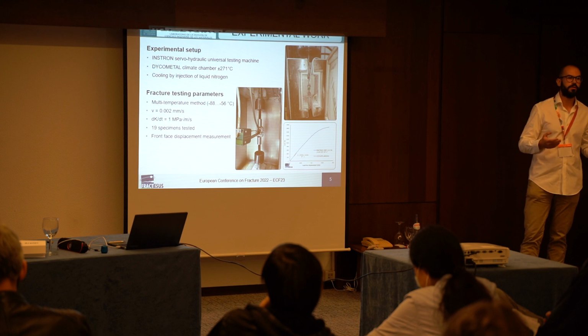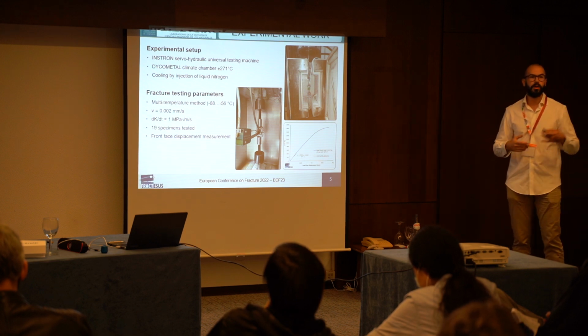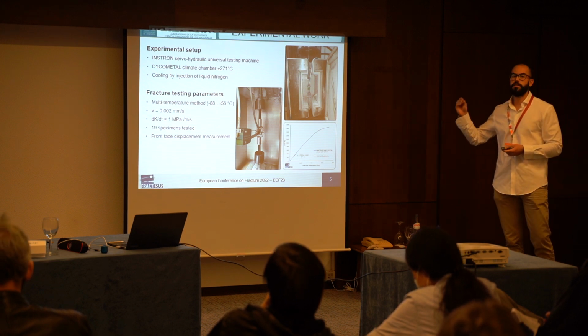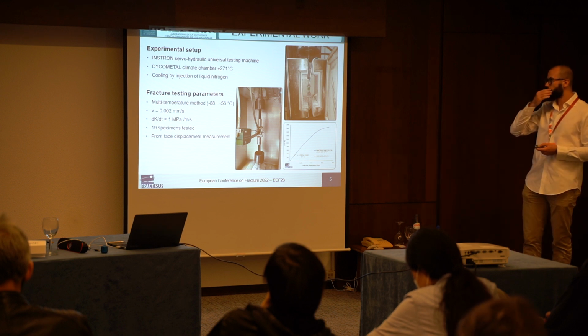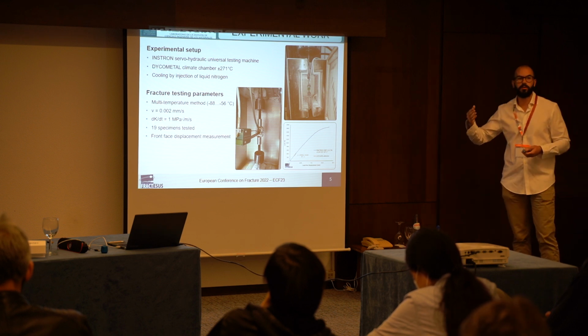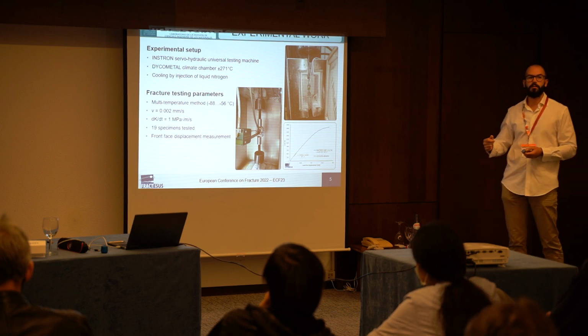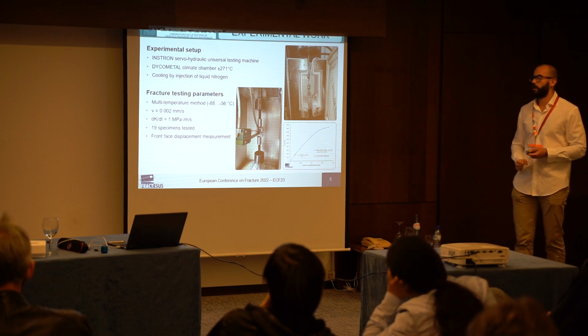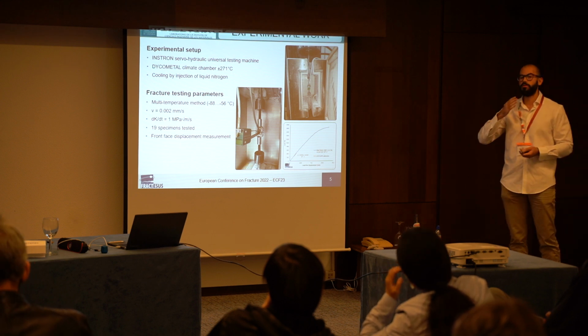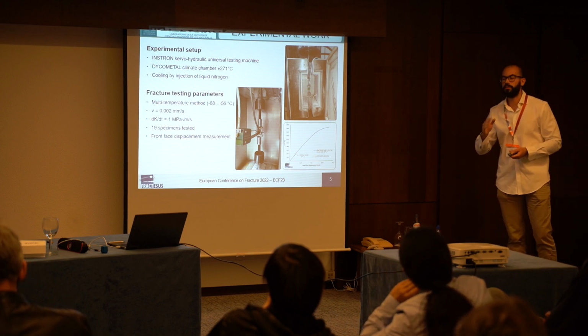The experimental procedure has been developed following ASTM 1921, as we intend to characterize the material within the ductile to brittle transition zone. We have performed tests at temperatures between -88 and -56 degrees.